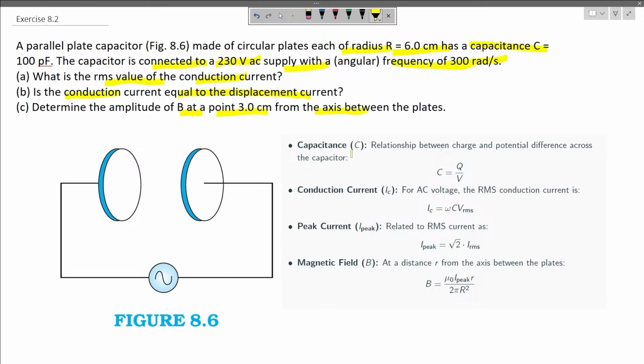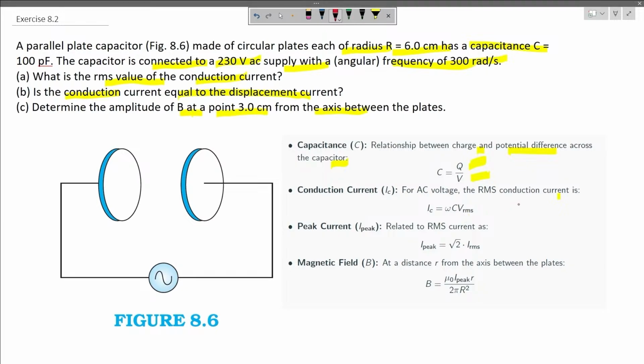Now we know that capacitance is a relationship between the charge and the potential difference across the capacitor, given by C equals Q by V, where Q is the charge and V is the potential difference. For AC voltages, the RMS conduction current is I_C equals omega C V RMS.